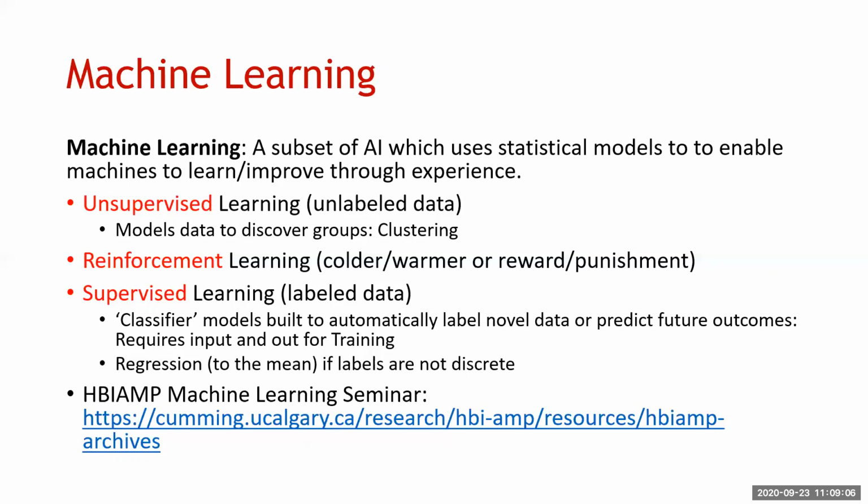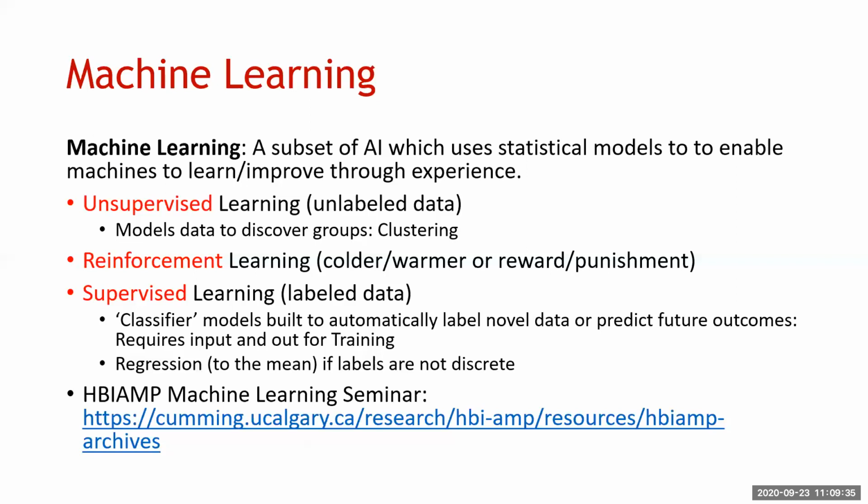You basically want to model your data to discover whether there are any groupings or patterns. Reinforcement learning sits in the middle there. It learns by reward and punishment. It's a feedback system where you keep training that model, telling it if it's right or wrong, getting it better, or if it's getting worse, and hopefully it gets to the point where it's much more accurate.